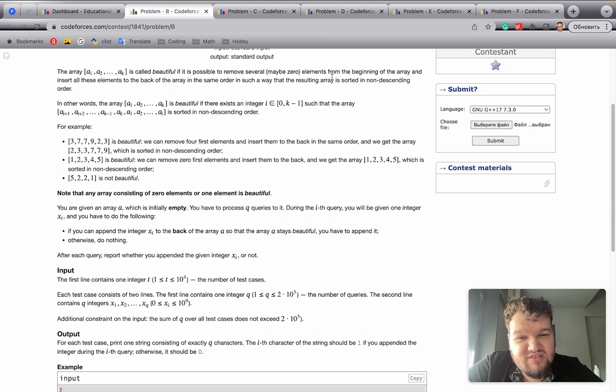That's a cyclic shift, right? In such a way that the resulting array is sorted in non-decreasing order. So the array is beautiful if it is a cyclic shift of a sorted array. Arrays that consist of 0 or 1 element are beautiful. Okay.